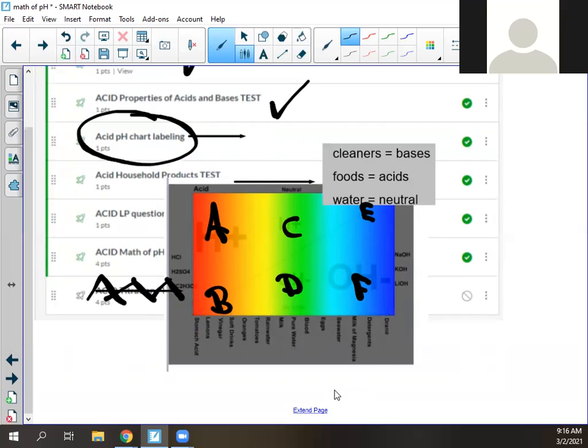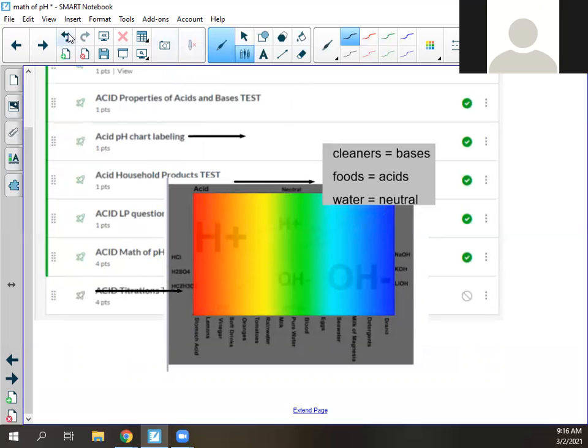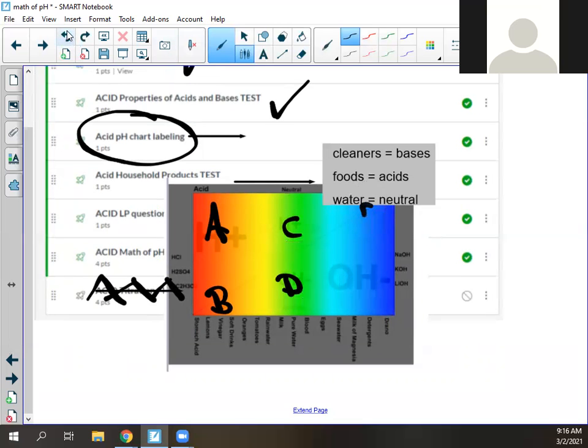A, small amount of H plus, E, large amount of OH, F, medium amount of OH, D, medium amount. Got them? So that's literally it. That is exact. It's the rainbow. It doesn't have the letters in the background. And it just is those 6 things. You match them. You're out of there in 30 seconds or less. Easy enough. Okay, so that is that chart.